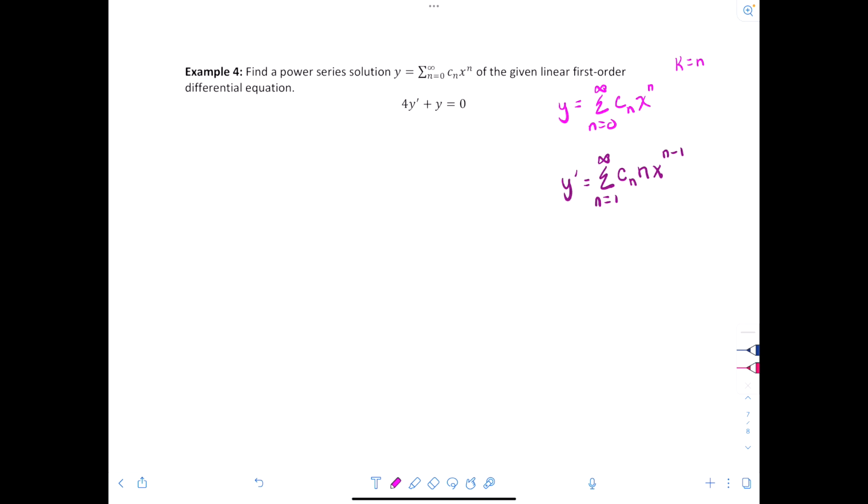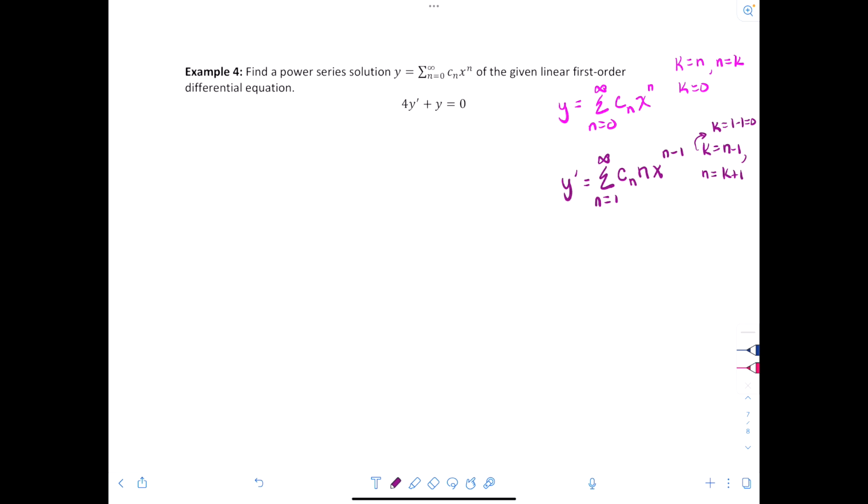Cool so far? And so, of course, n will equal to k, and the summation will start at 0. Groovy? The second one, we're going to let k equal to n minus 1. So that means that n would equal k plus 1. Well, n starts at 1, and so going up here, k would be 1 minus 1, which is 0. Groovy, they both start at 0.